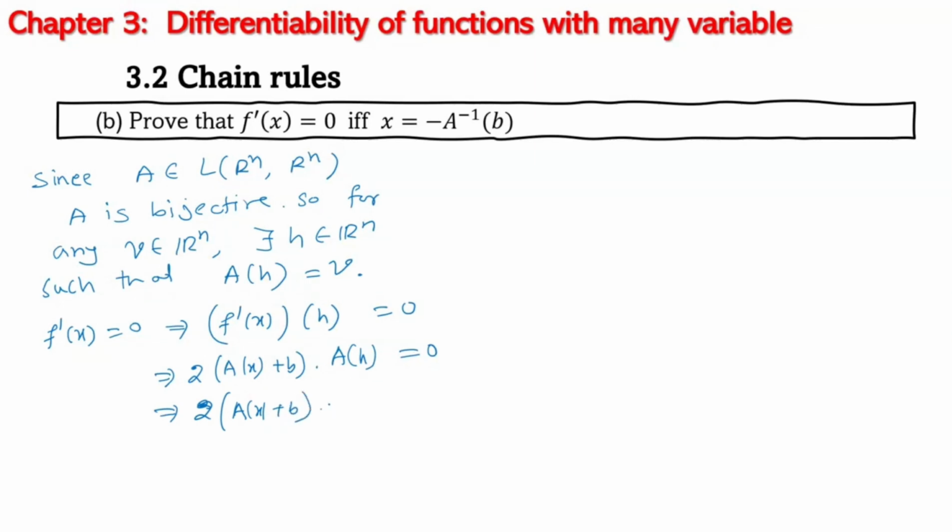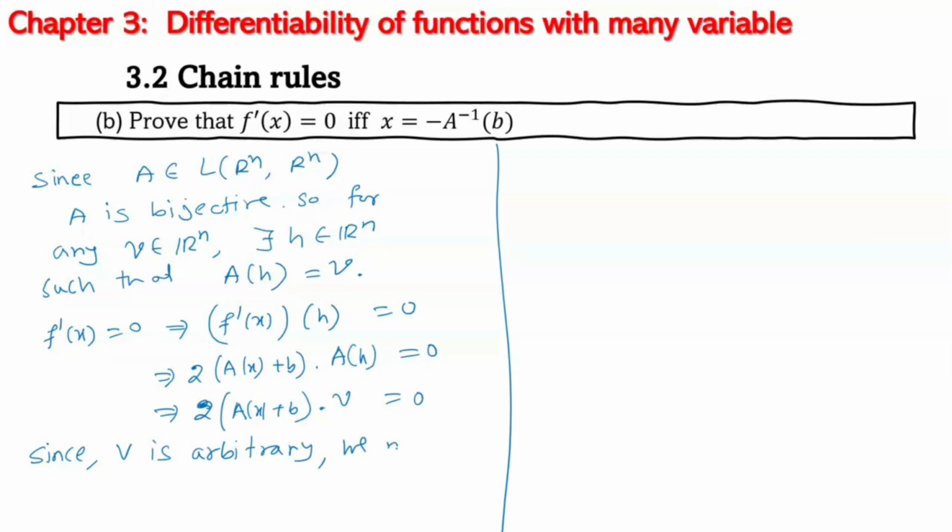This implies ax plus b dot v is equal to 0. Since v is arbitrary, we must have ax plus b equal to 0.